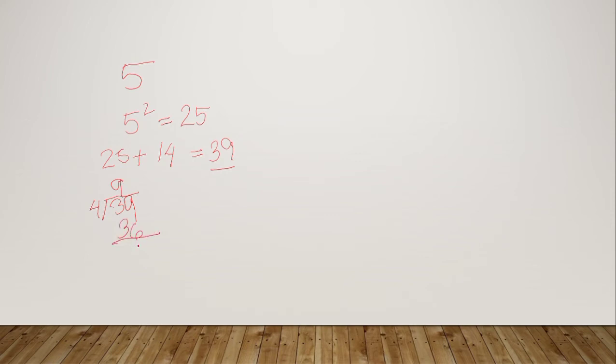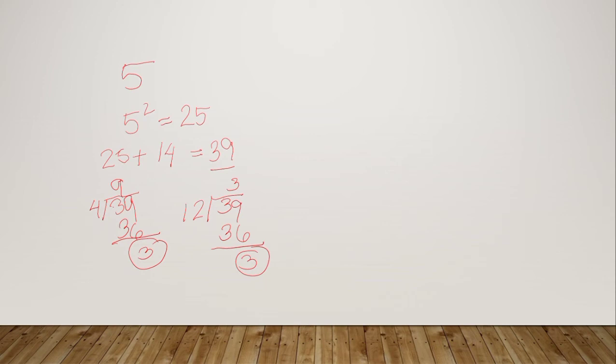When we subtract, we get 3. So this is the remainder. It is correct that 3 is the remainder. What if we use 12? Again, we will divide 39 by 12. We have 3 here. When we multiply 3 by 12, we have 36, and subtracting it, we have 3. Also accurate, 3 is the remainder.